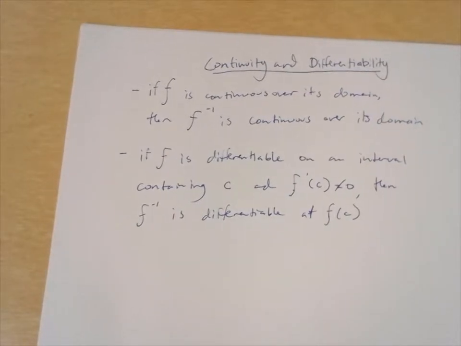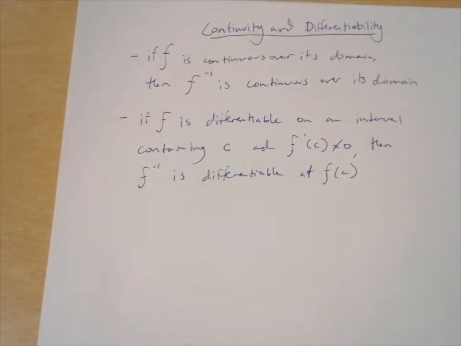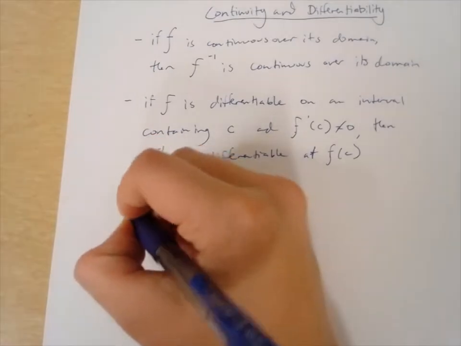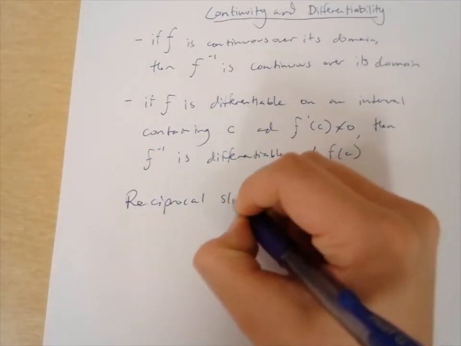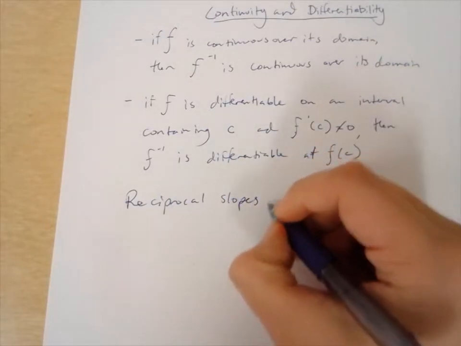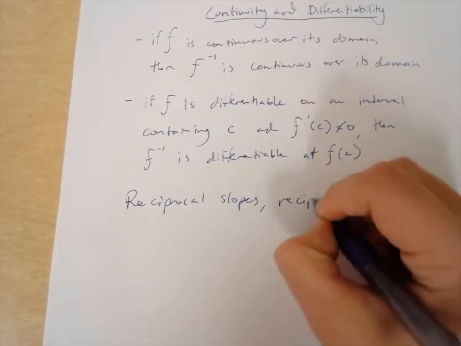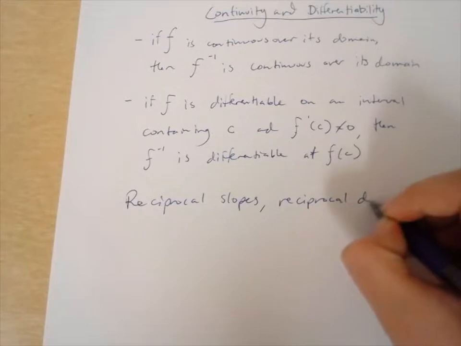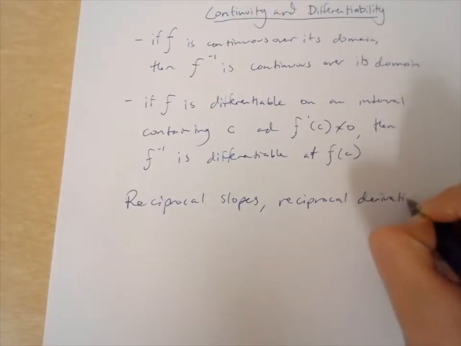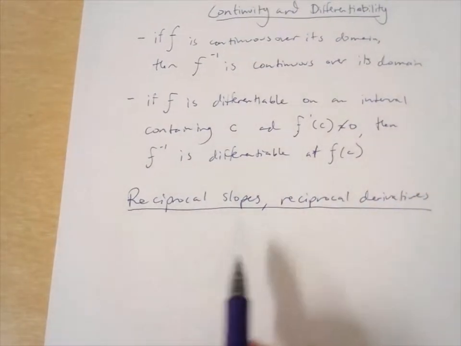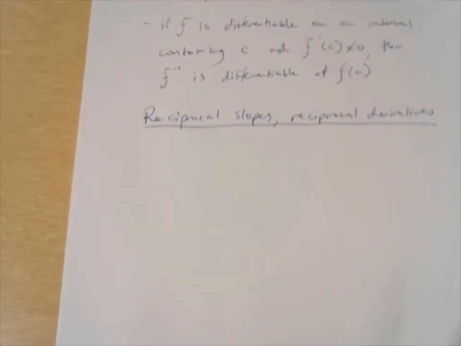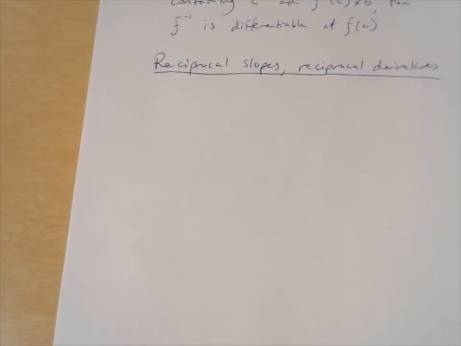The next thing I really want to talk about is the idea that reciprocal slopes mean that we're going to get reciprocal derivatives between functions and their inverses, and here's a quick demonstration as to why.